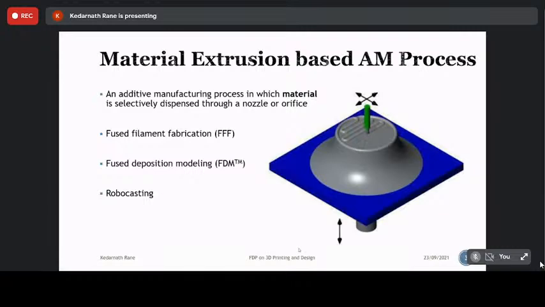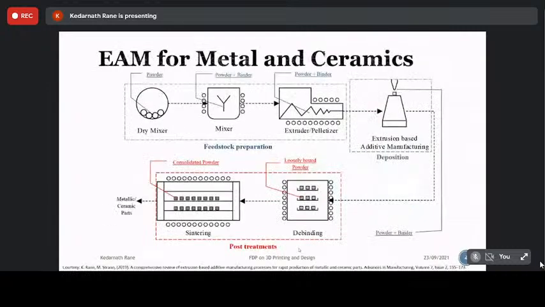But again, it is a very old technology and is not used in recent years. So we are aware of some of the technologies used in the past, but we are jumping to the new technology, which is called EAM, for metals and ceramics.